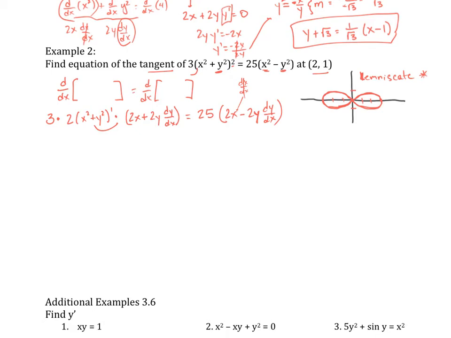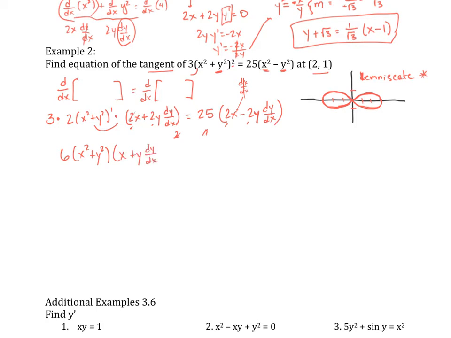Okay, so now let's continue on. Over here, I'm going to factor the 2 out on both sides. If I factor a 2 out over here and a 2 out over there, those, believe it or not, will reduce out. So then I'm going to be left with 6 times (x squared plus y squared), and then I took the 2 out, times (x plus y dy dx).